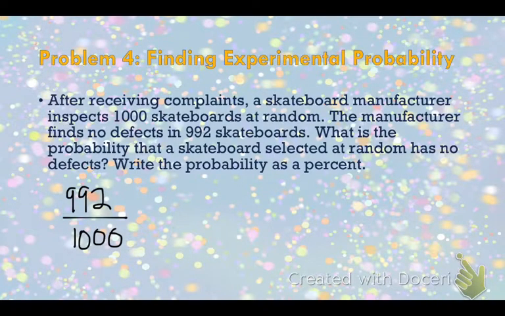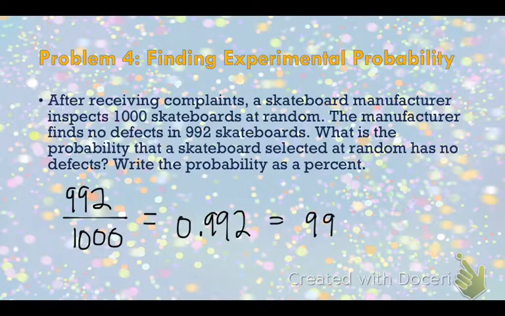Now, in this one, it wants me to write it as a percent, so I am going to start off by going to a decimal, and then I can make that into a percent pretty easily. So 99.2% of the time, the skateboards that were examined had no defects.